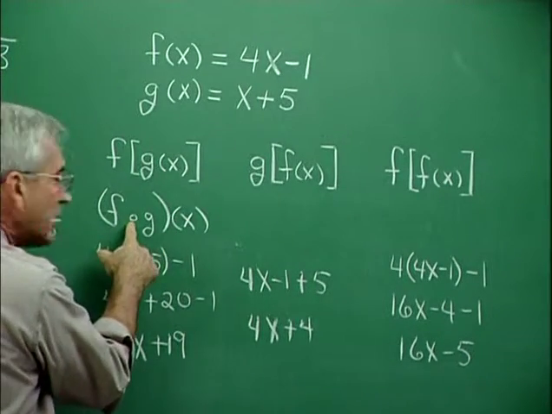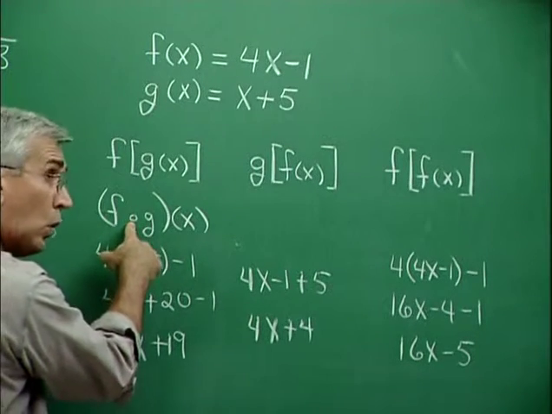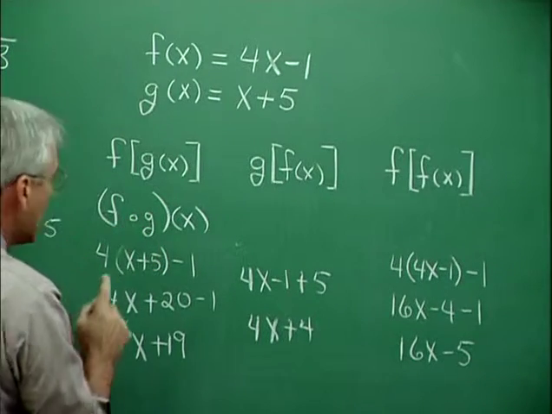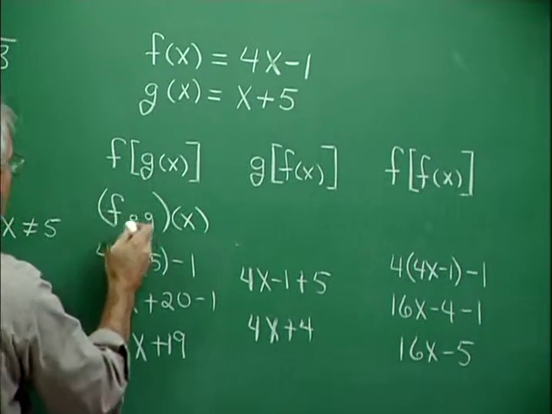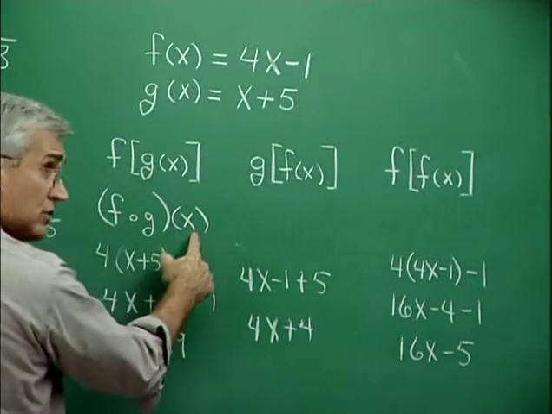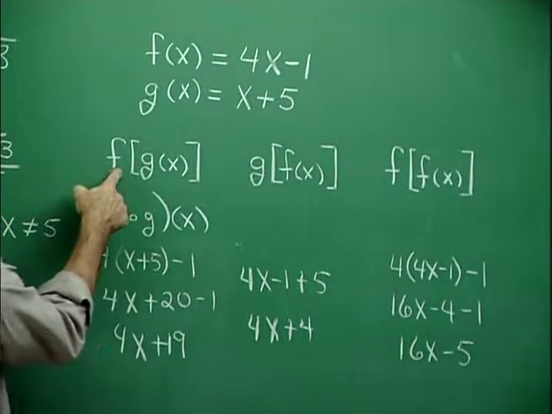Now, this is not a 0, and it's not a letter O. It's just a little bitty circle kind of thing. And students read this as f circle g of x, but f of g of x is what this says. That's the notation for it, and this is the equivalent notation.